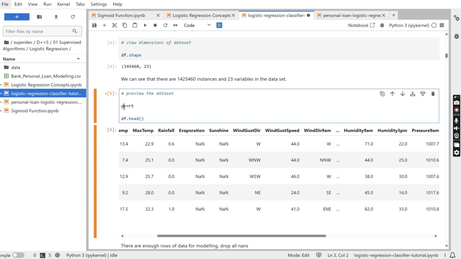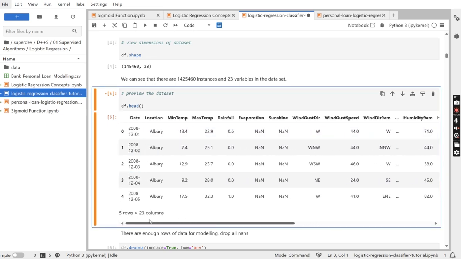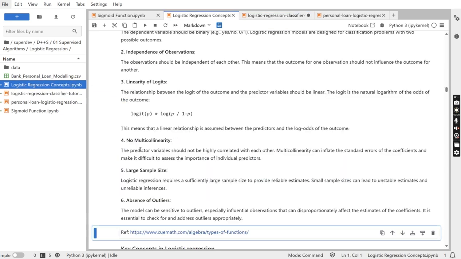Anyway, this applies for gas, but I'm just trying to give you some sort of explanation here. So basically, some of these columns may have dependency, may have correlation. If one increases, the other may increase. Such columns cannot be considered for logistic regression, same as linear regression.